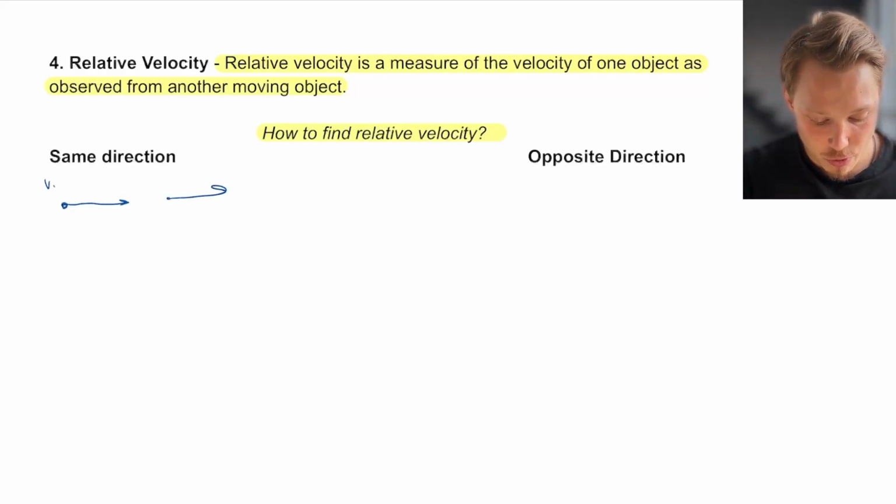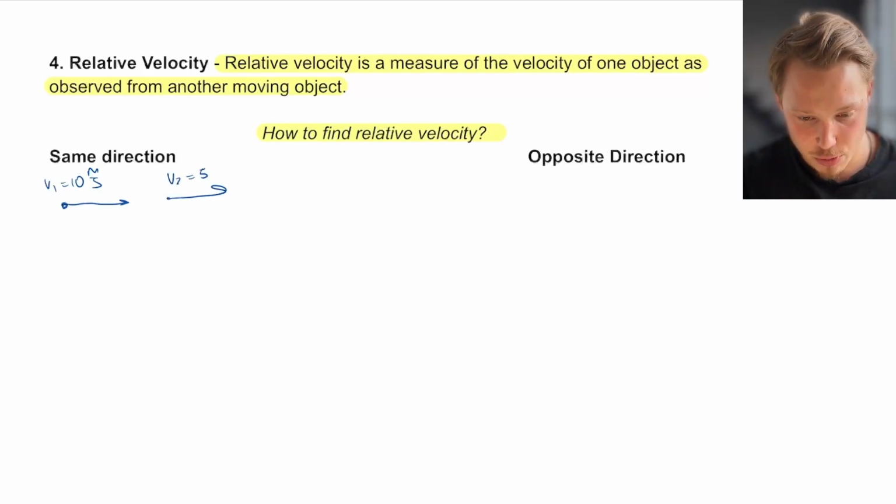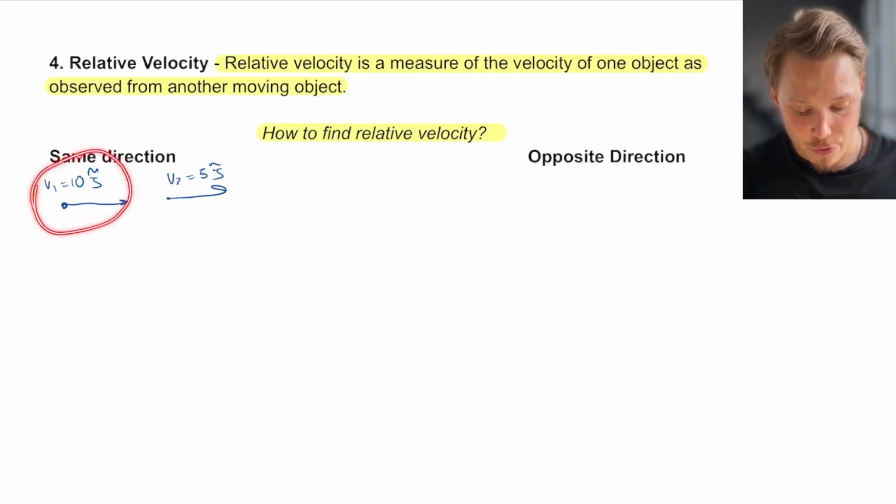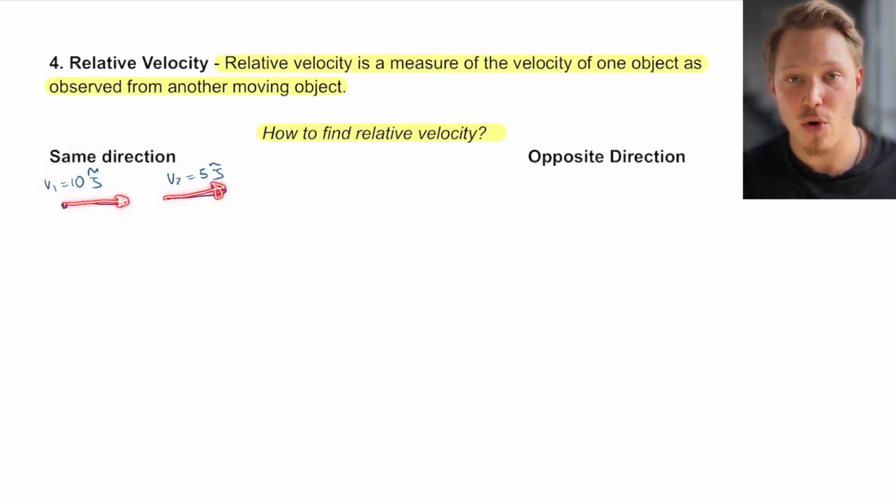Let's say one is moving with a velocity of 10 meters per second and another one with a velocity of 5 meters per second. Now, what would be their relative velocity? Let's say this guy, for example, is chasing this one. So he's moving with a faster velocity of 10 meters per second, and this one is moving with a slower velocity of 5 meters per second.